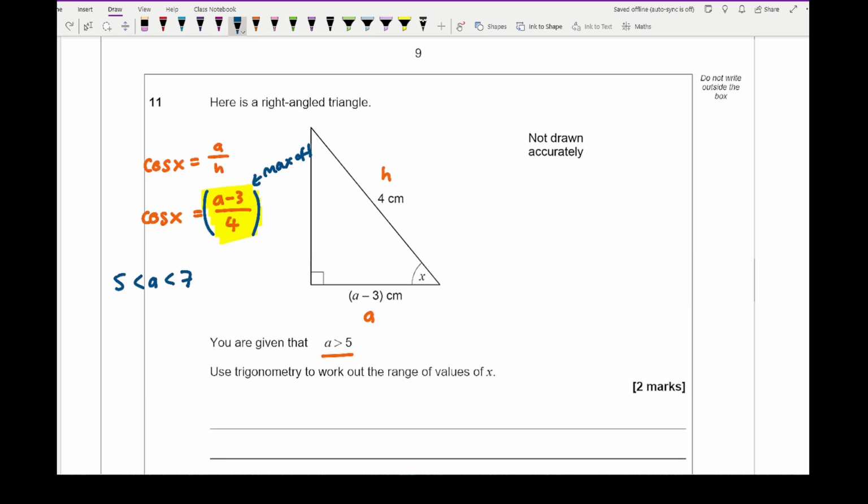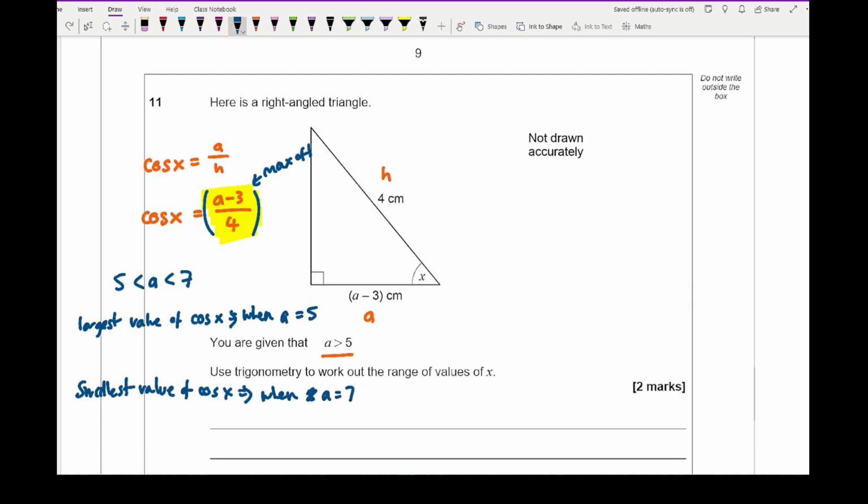So that means that the largest value of cos x is going to be when a equals 5, and the smallest value of cos x is going to be when a, not x, it's going to get too confusing, equals 7.